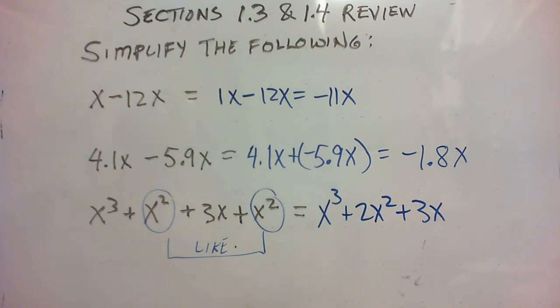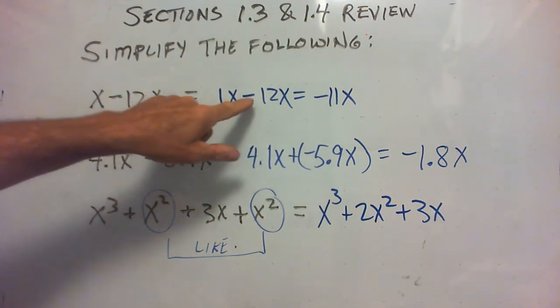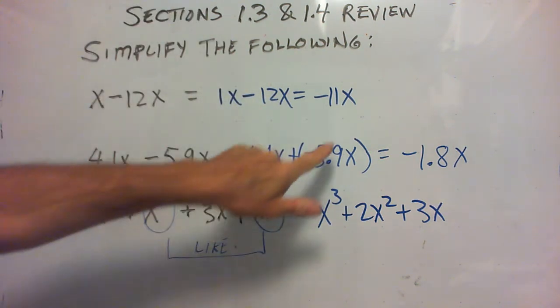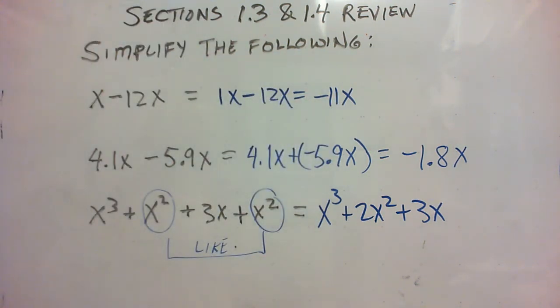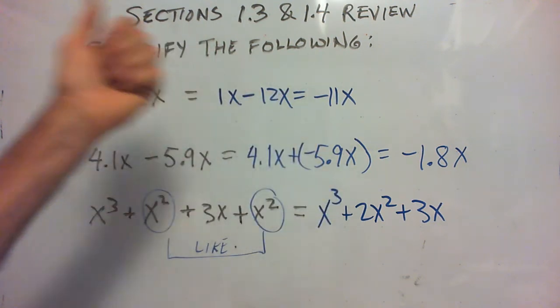So in our first problem, x is the same as 1x. 1x minus 12x's makes a negative 11x. Our second problem, I'm changing it to 4.1x plus negative 5.9x.